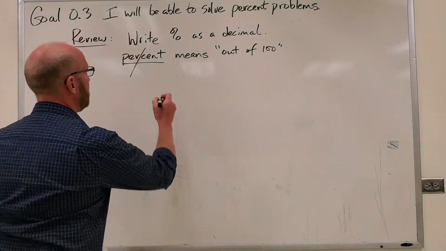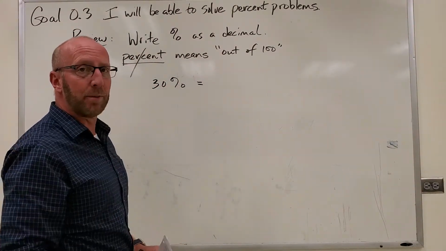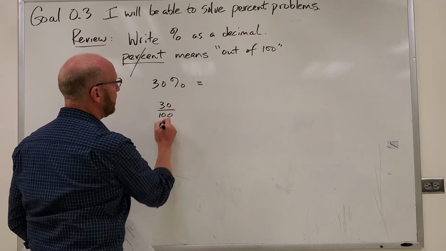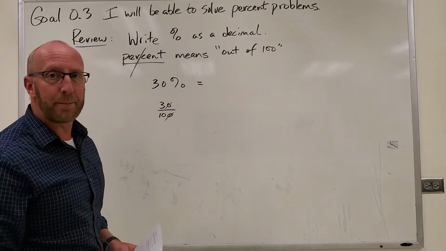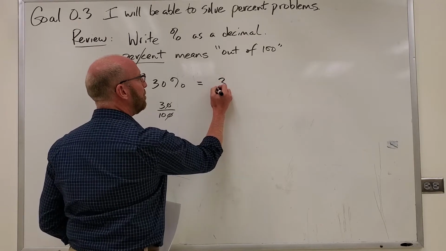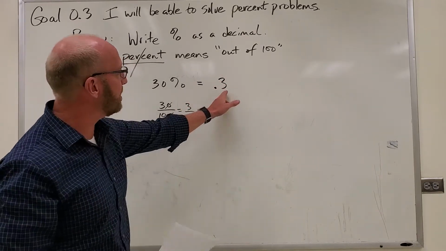So if I were to take 30% and make it a decimal, this means 30 out of 100. I could divide each numerator and denominator by a factor of 10 to leave 3 tenths. 3 tenths is 0.3. Remember, this is the 10th position.